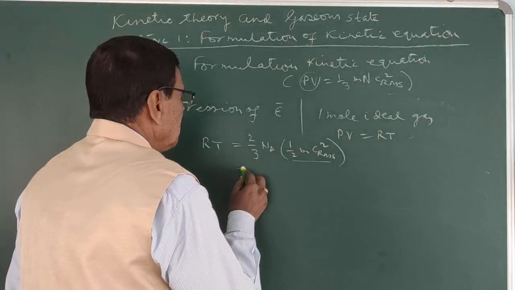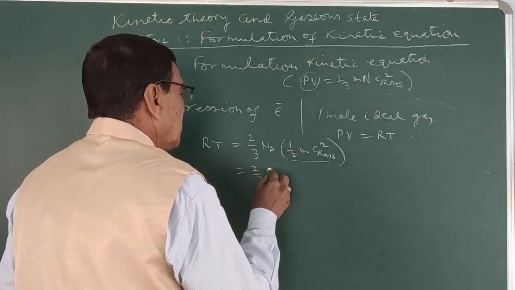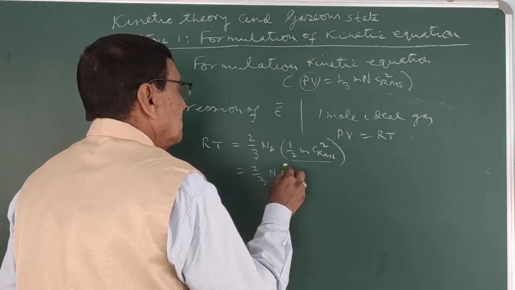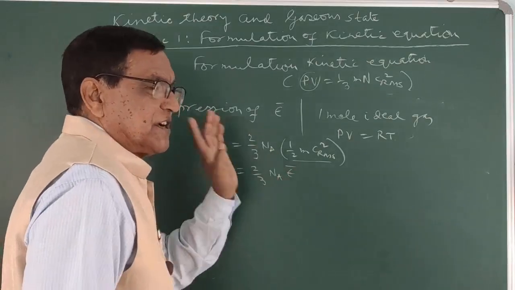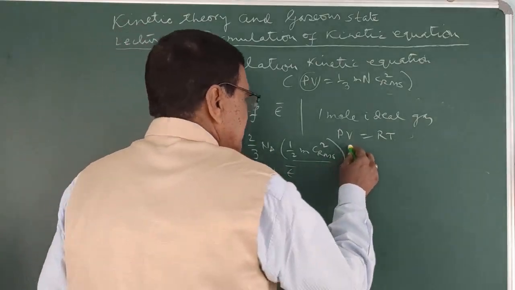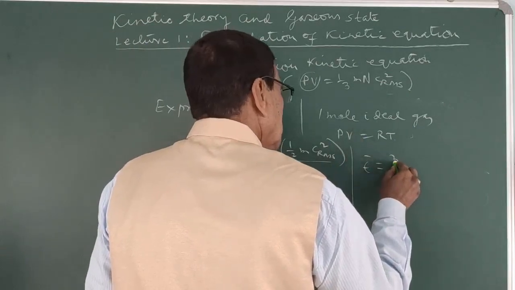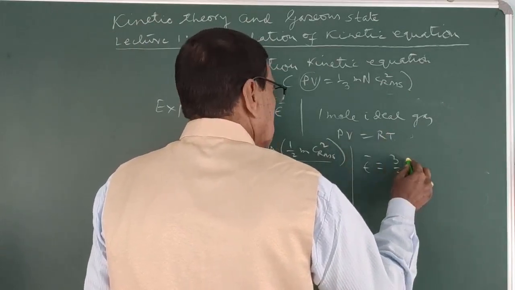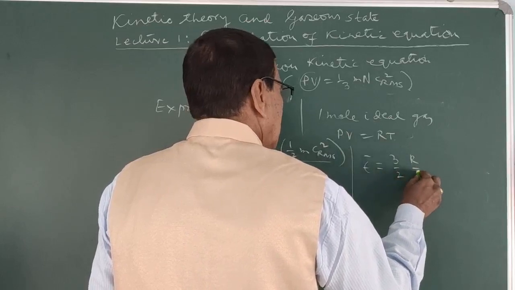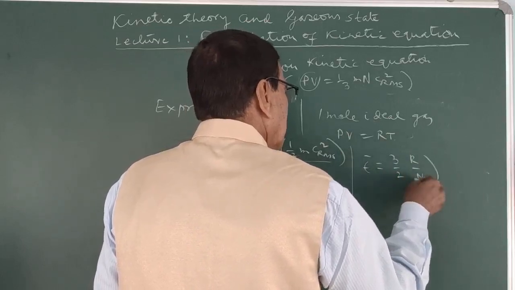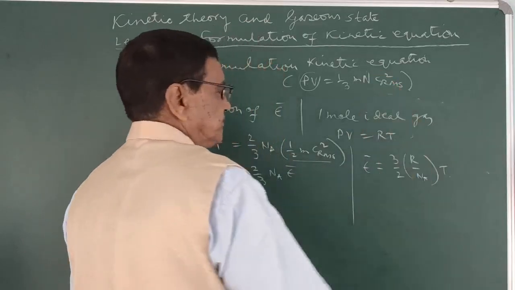So this will give you 2 by 3 Avogadro number and epsilon bar, the average kinetic energy. So average kinetic energy equal to 3 by 2 into R by Avogadro number into T.